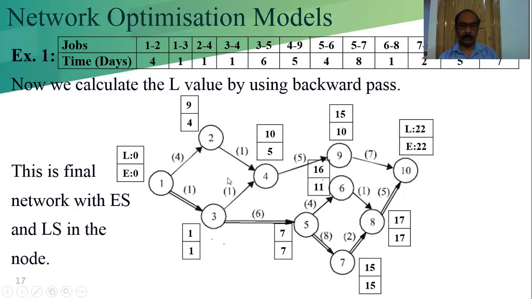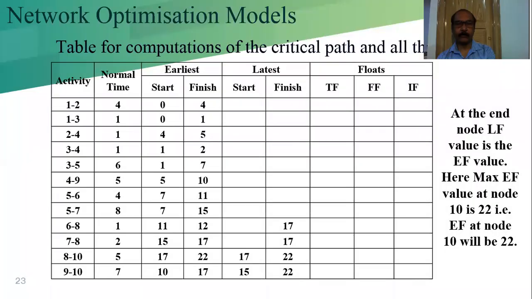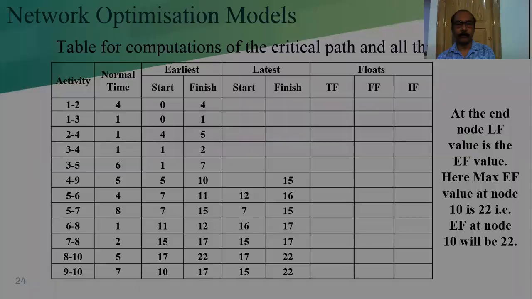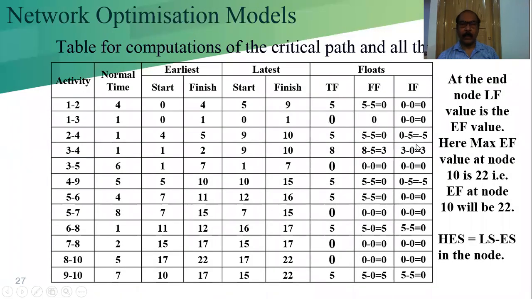You have to calculate. So with the help of the diagram, we can easily calculate the free float and the total float, and also we can calculate it by using the formula.